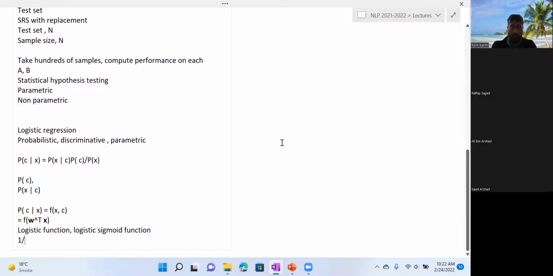So in essence, probability of C given X is now given by this. If you are able to estimate the parameter W on the right-hand side from the training data, you will have this functional form of the posterior probability. Now, given any new X, you have the W's, you put the W's in, and this function would give you the probability of C, which is the probability for one of the classes.